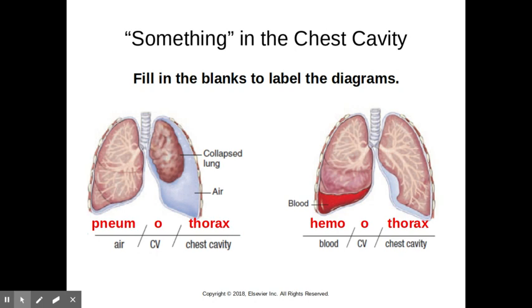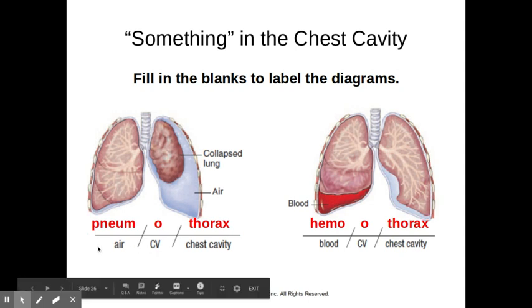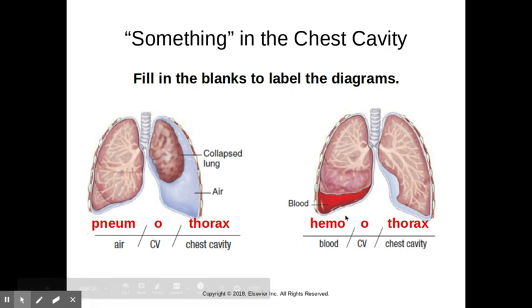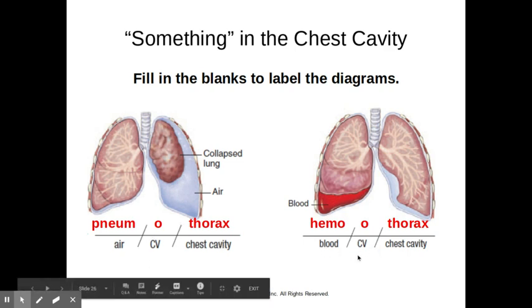So, we have air, which is pneum, combining vowel O, pneumothorax. So, we have air in the chest cavity. Hemothorax, blood in the chest cavity, so we have a lung injury.